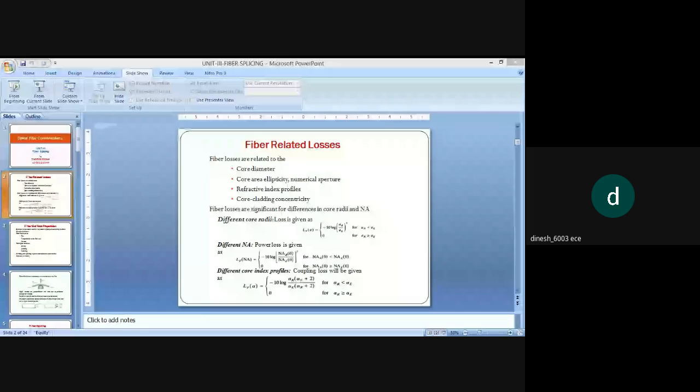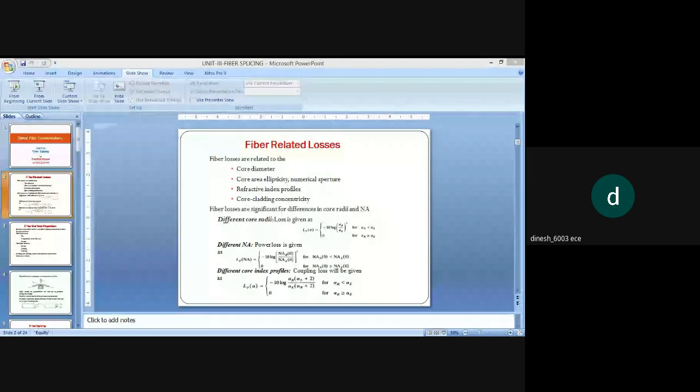For different core radius, the loss is A equals minus 10 log of (a_R divided by a_E) the whole square, for a_R less than a_E. For a_R greater than or equal to a_E, the loss is 0.